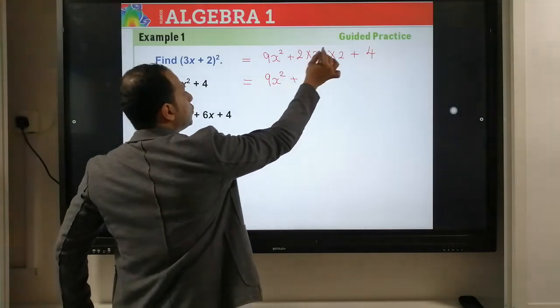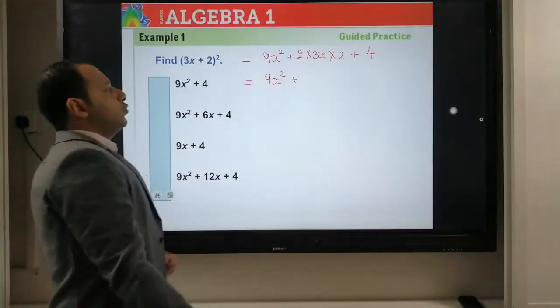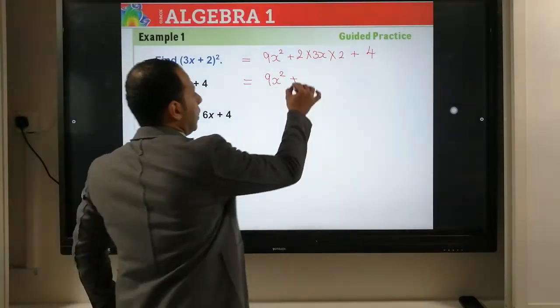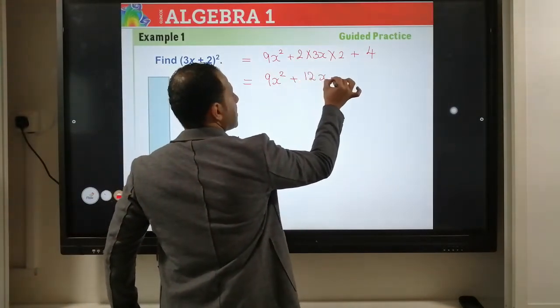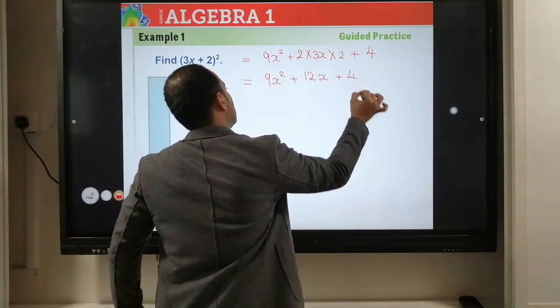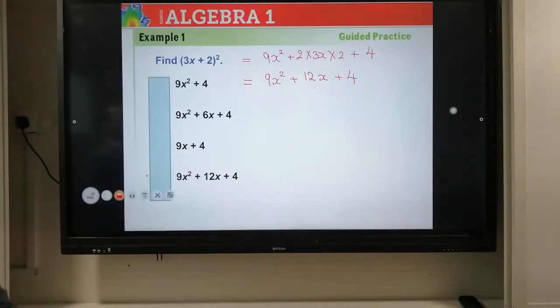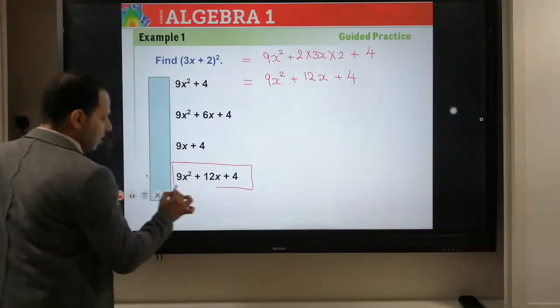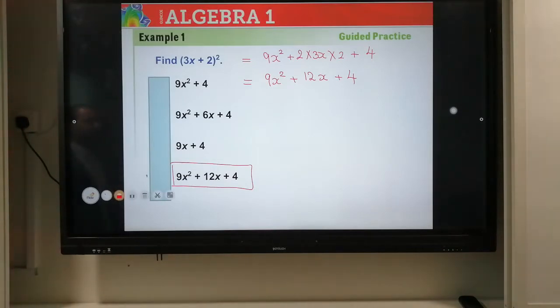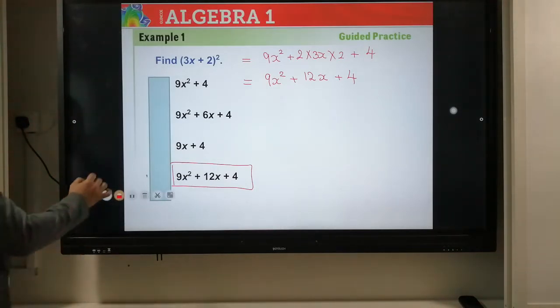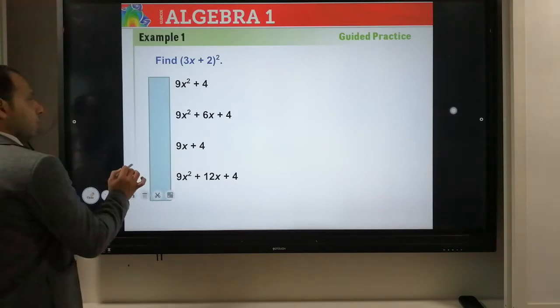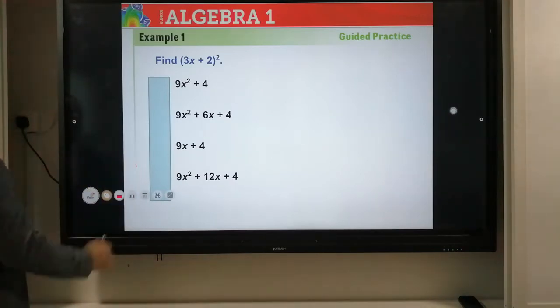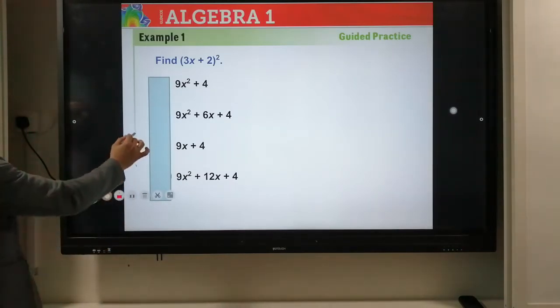Excellent. 2 times 2 times 3, or 2 times 3 times 2, is 12. So 12x plus 4. Is this your simplest form? Yes. Which letter? Letter D, the last answer we have. So this is our answer. Thanks. We go to the next example.